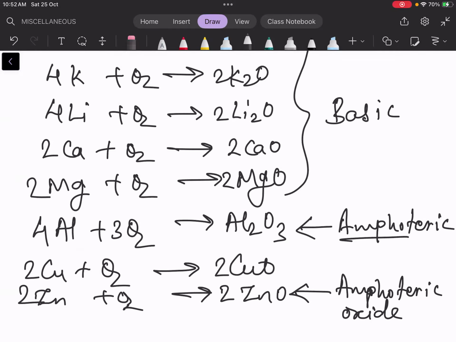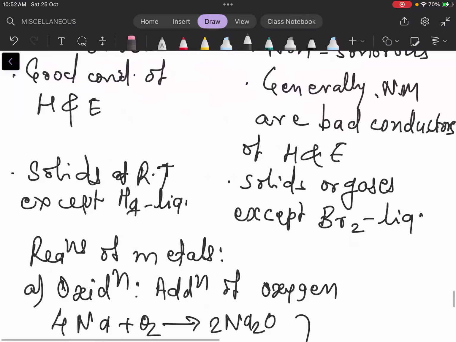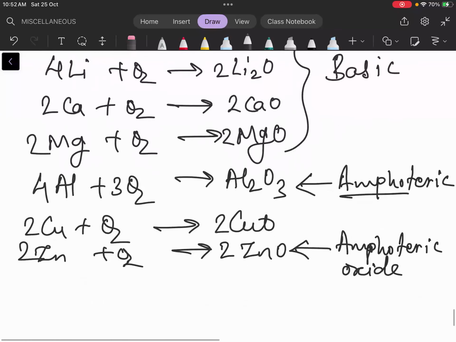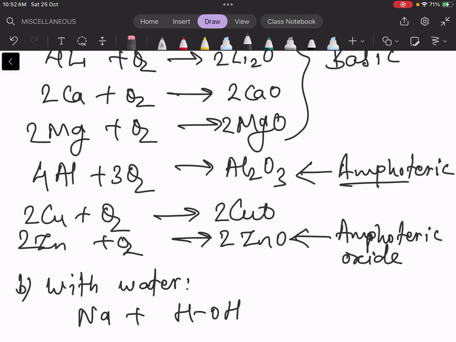Then metals combined with water. Second, that is reaction with water. So, sodium combined with water forms 2NaOH plus H2 gas given out.